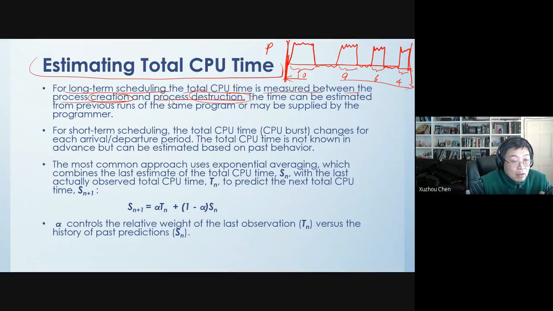So it's unlikely that if you run the same program, this time it takes like 100, and another time it takes 5 seconds, and another time it takes 6 seconds, and then another time it takes 200 seconds.